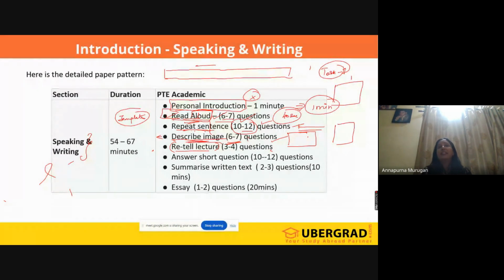In repeat sentence, you need to repeat every word, every sentence should be presented the same way. But in retell lecture, it is not like that. You can understand the overall essence of the lecture and present it using your own sentences.